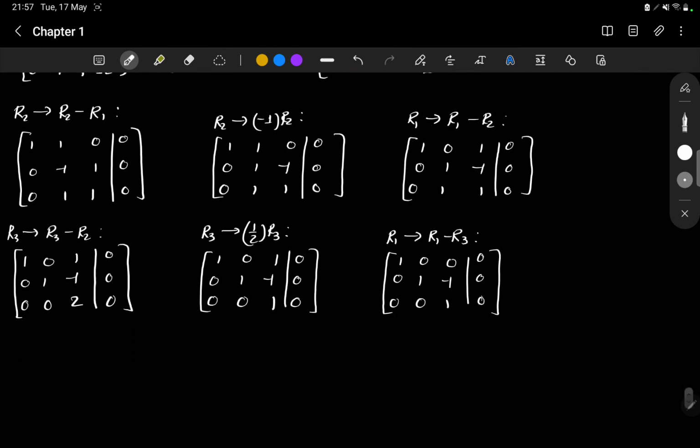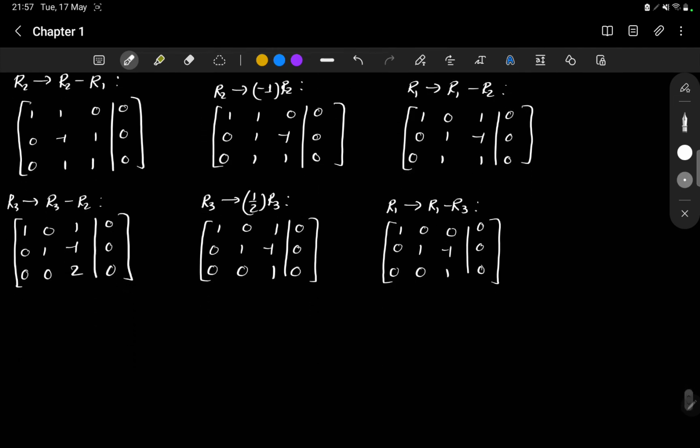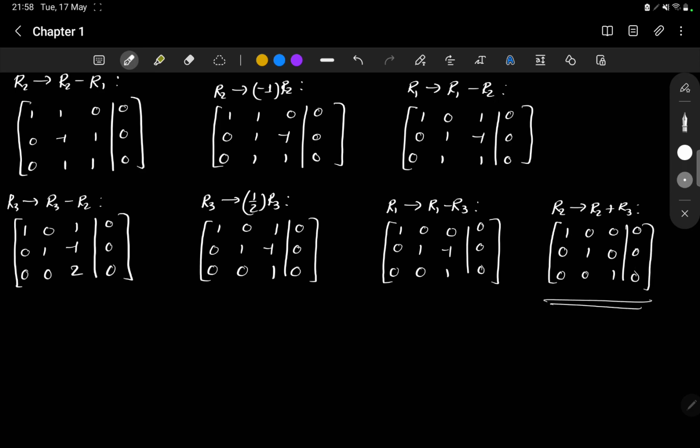And finally, we want row 2 goes to row 2 plus row 3. So this in our case right now is the reduced row echelon form.